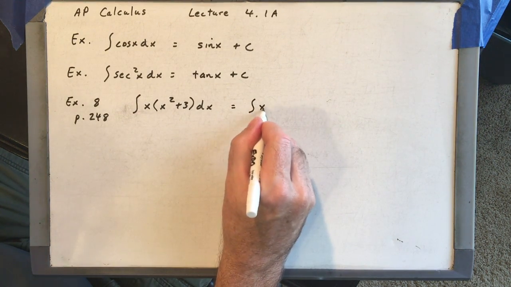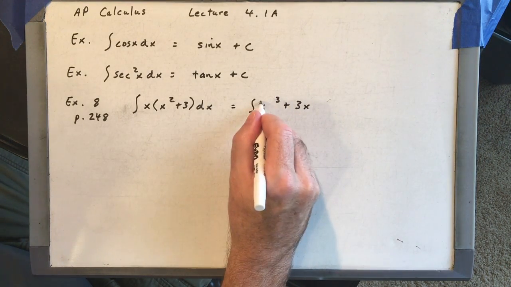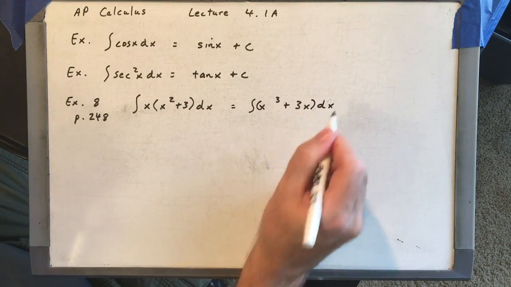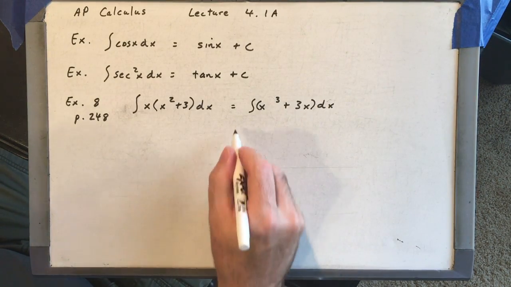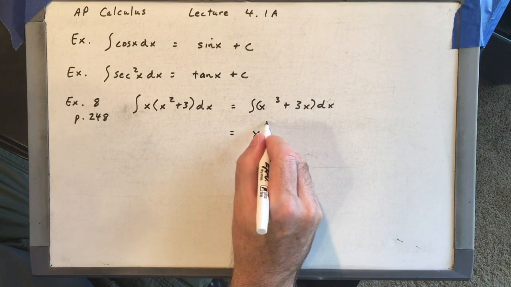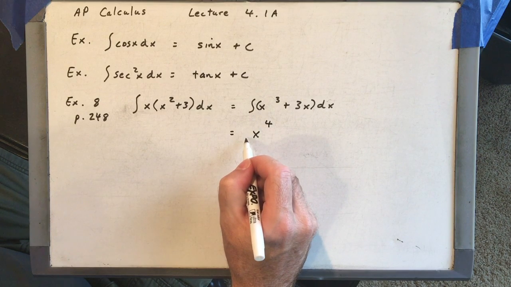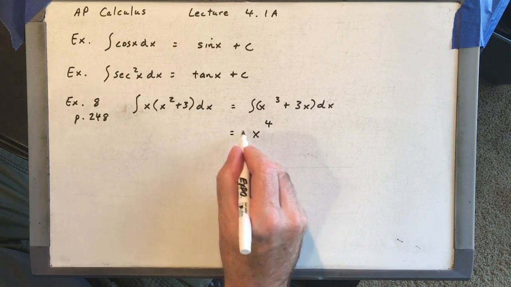So that's going to be x cubed plus 3x dx. And now we can integrate those separately. Well, what's the antiderivative of x cubed? Well, it's x to the 4th. I do the exponent first. And then what fraction do I need out front so that when I bring the 4 down and multiply, I just get a 1. That's 1/4.